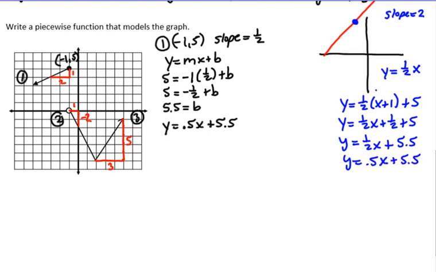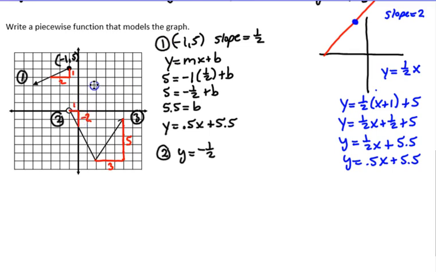Now you might think that took just as many steps as this did, and you're right, it did. But sometimes it's a lot easier, just depending on what you're doing. So I'm going to do the second one. The second one, we start out with number 2, y is equal to negative 2x, but it's been shifted to the left 1.